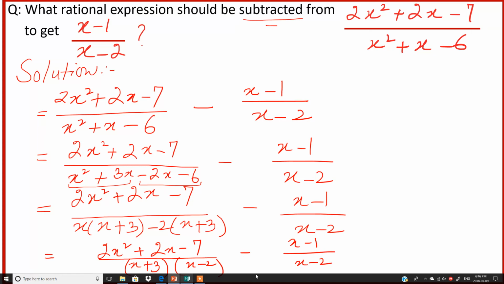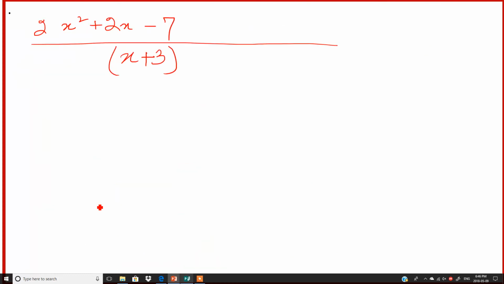Now we are going to take the LCM, and the LCM should be x plus 3 into x minus 2, because if something is common we have to write it only one time. Whatever is remaining, x plus 3, we write one time. So x plus 3 minus this will be your LCM, and here we have x plus 3 into x minus 1.